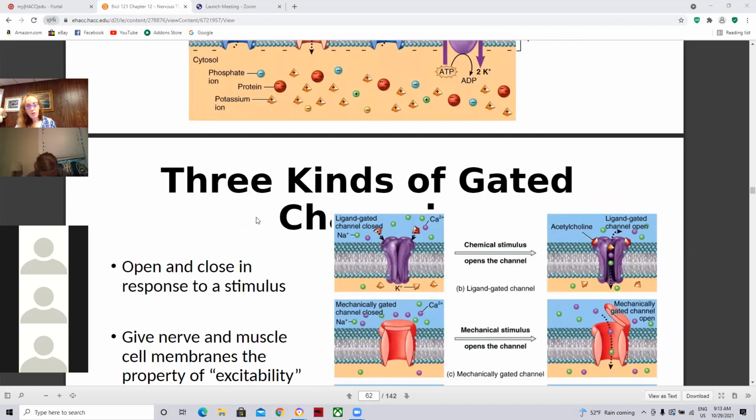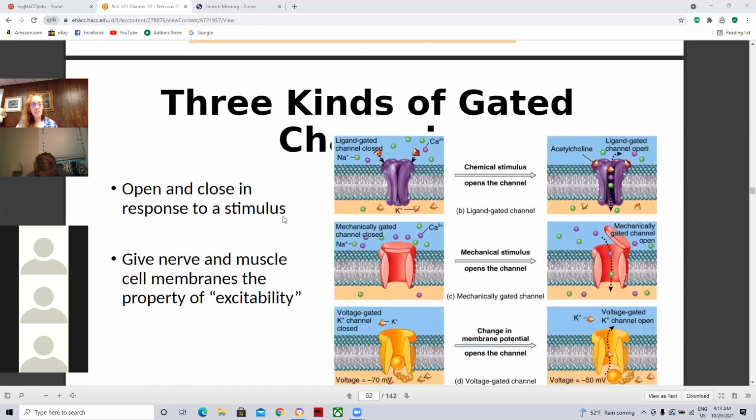So there are three basic kinds of gated channels. There are channels that open and close in response to a stimulus. Sorry, let me back up. Chemical stimulus is usually a ligand.